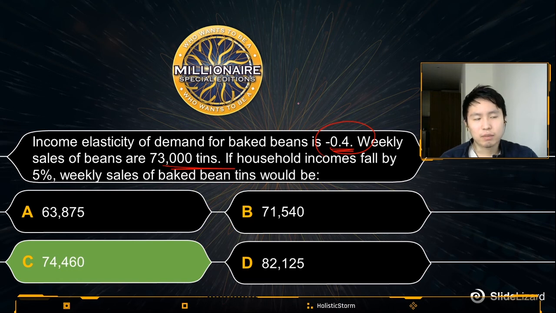So if your incomes go up, you would buy less baked beans. But it also works the other way around. If your income goes down, you would buy more baked beans because it's an inferior good. So if your incomes fall by 5%, then you buy more baked beans. So the answer should be more than 73,000, right? So it's not going to be A or B already without doing any calculations. But now let's do the calculation.